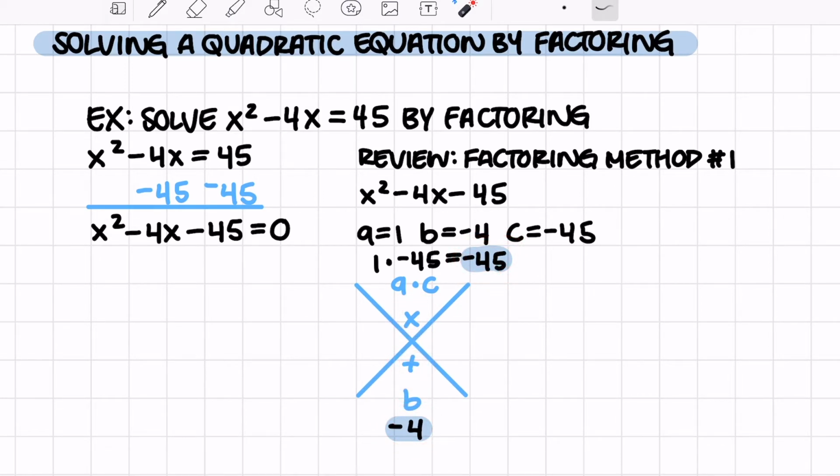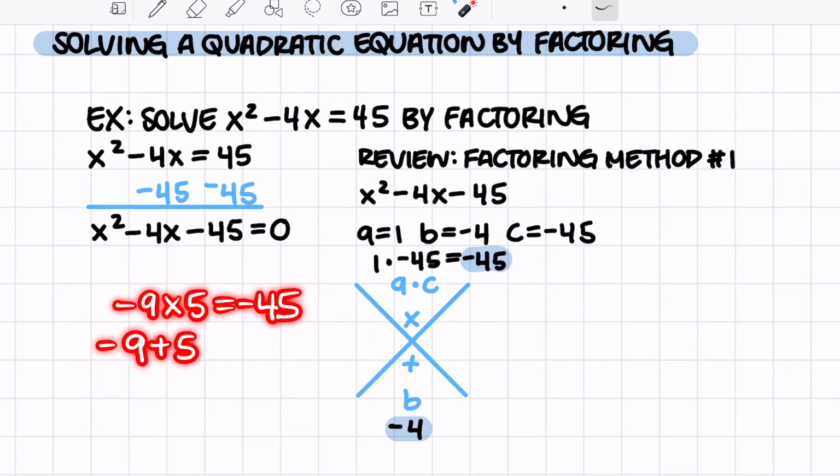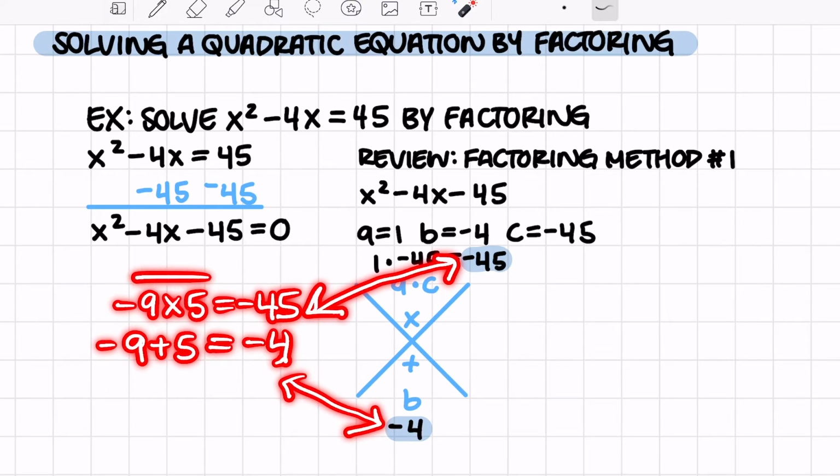If I use -9 times 5, that equals -45. And if I add -9 plus 5, that equals -4. Because they satisfy both conditions, I can use these two numbers, the -9 and the +5, down here.